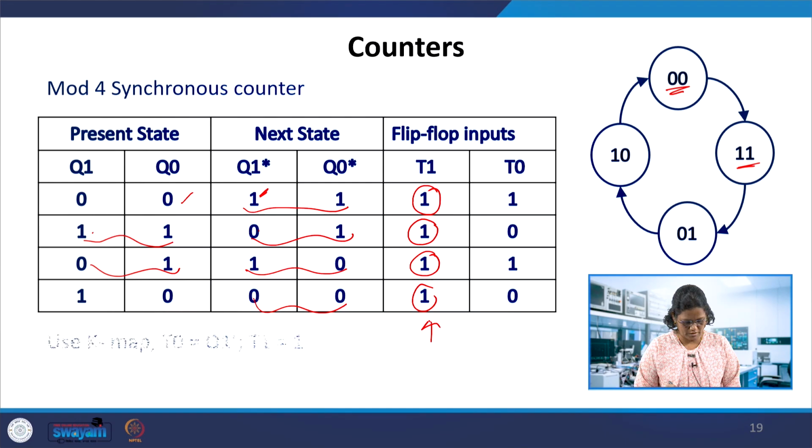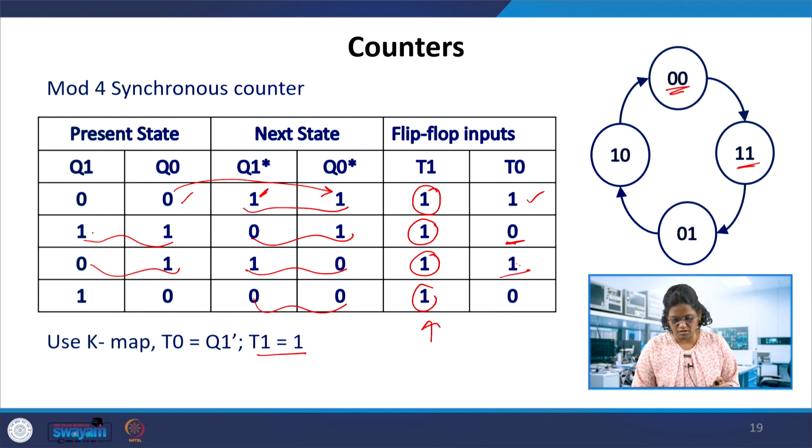Observe T0, which is 0 and complemented, so it should be 1, and the state does not change next again. The third one changes its state, toggling to 1, and 0 0 is not changing. So T0 equal to Q1 dash, and T0 and T1 will be changing.